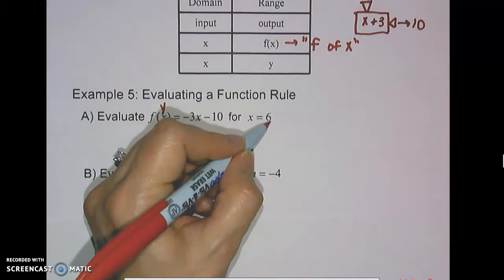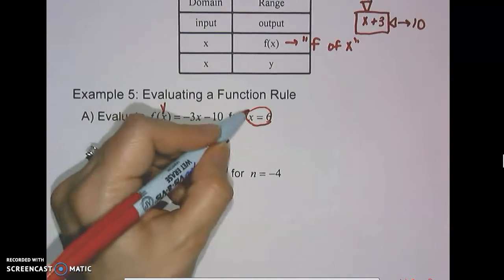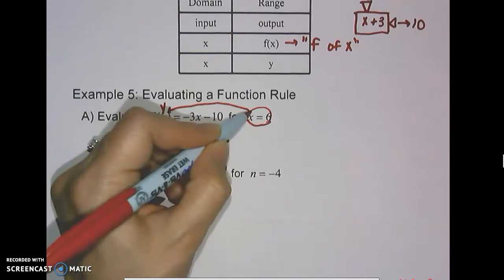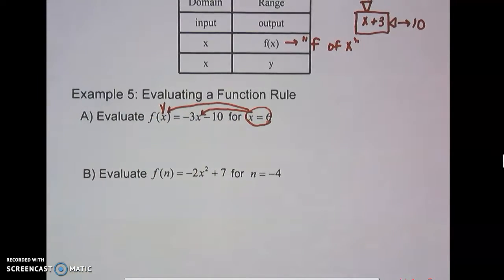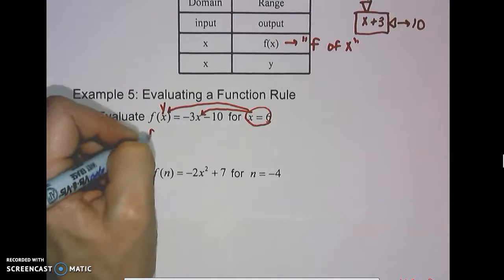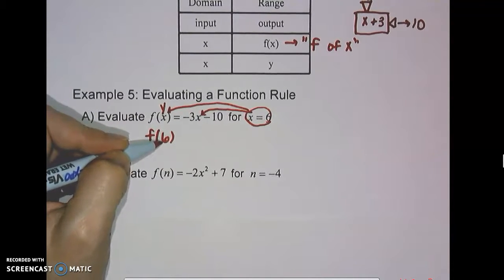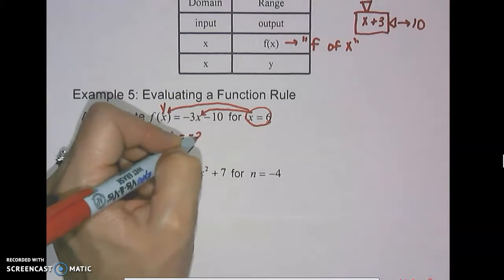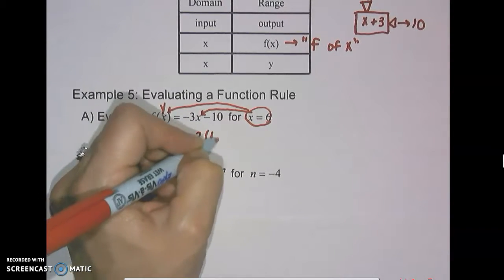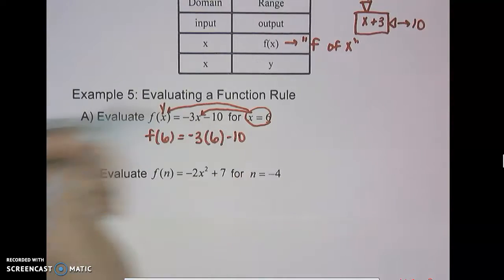We're taking this 6, and we're going to plug it in for the x's. We're going to plug it in for that x, and for that x, and however many x's might happen. So f of 6, whatever number's in that parentheses, is just what we're plugging in for x. That means we're going to have negative 3 times, instead of x, we're going to put 6. And then minus 10.